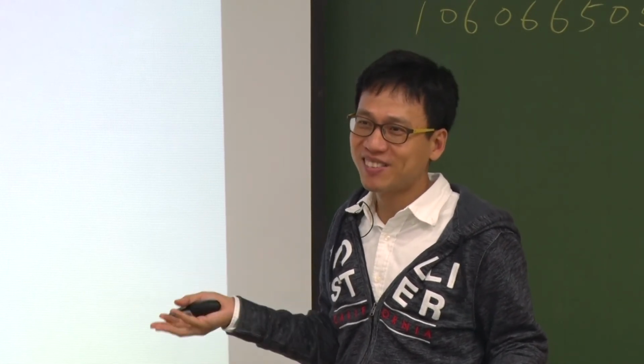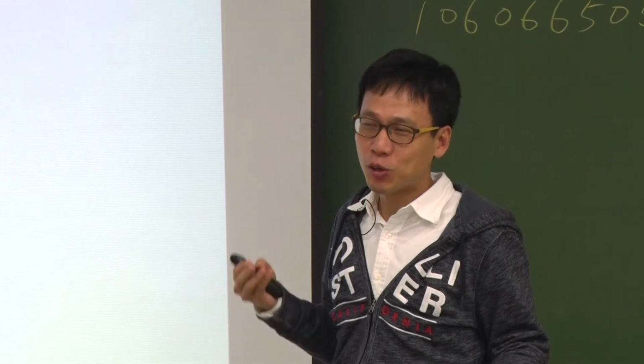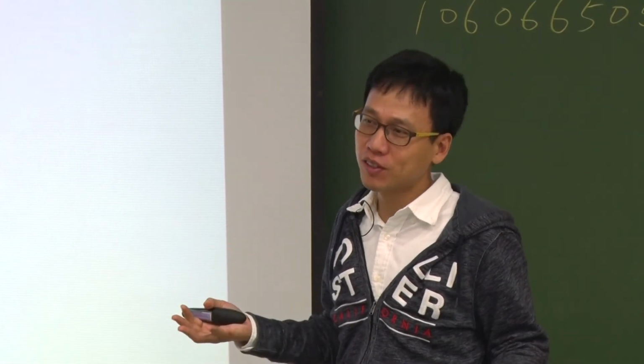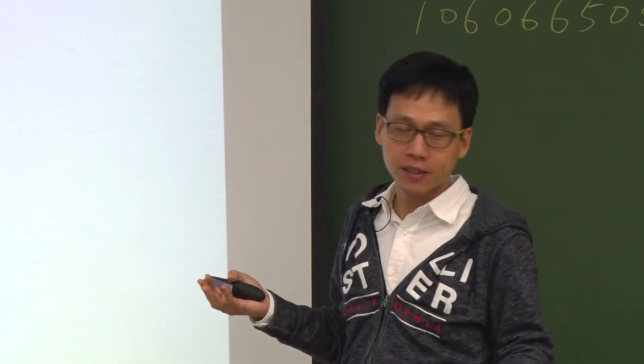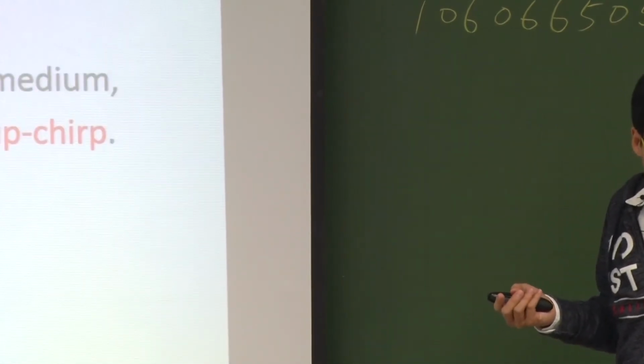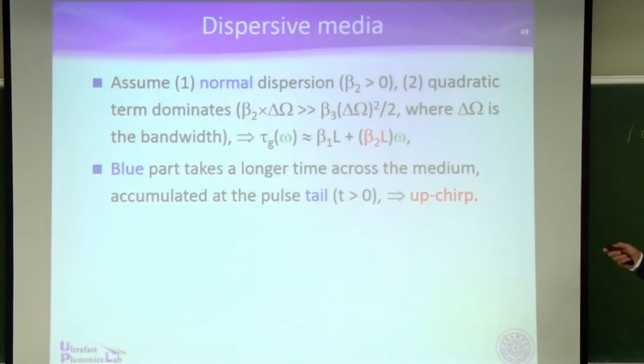So what would happen? Your pulse envelope will distort during propagation, right? The shape cannot be preserved. Okay. So under our assumption, beta 2 is positive, so beta 2 times L is positive. The slope is positive. Then it means the larger the omega, the larger the group delay.